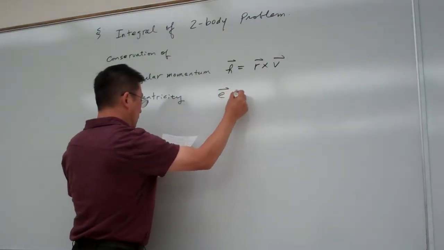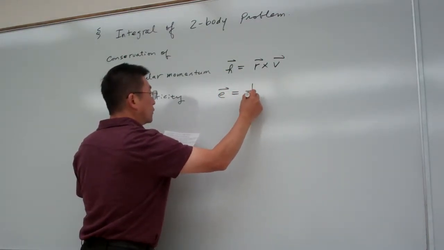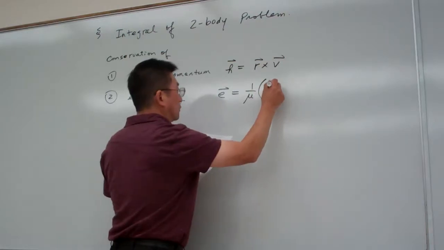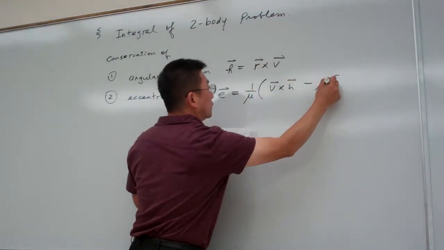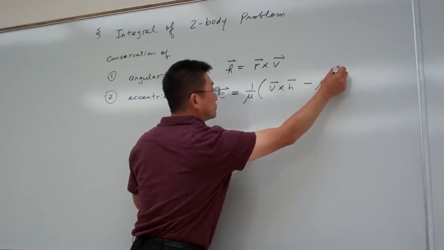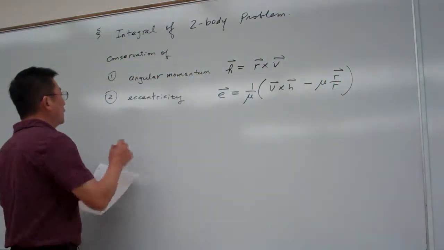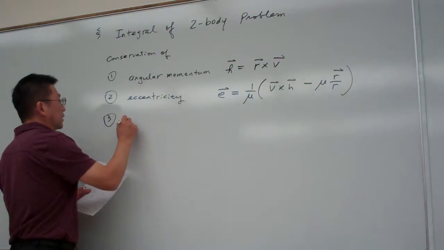And by definition, e equals 1 over mu times (v cross h) minus mu r over r. The third one is mechanical energy.